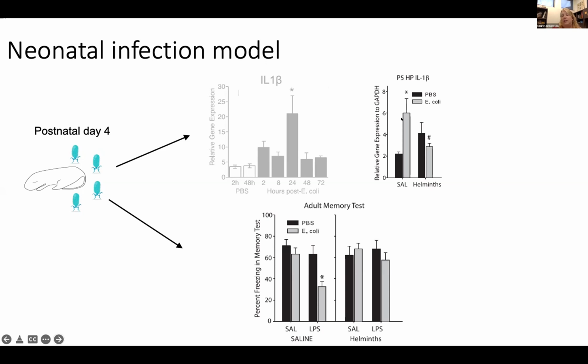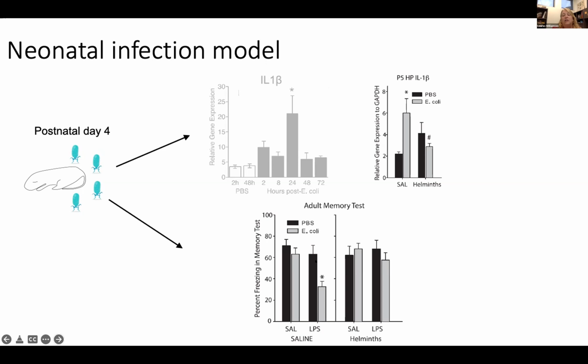In that way, we can see that 24 hours after E. coli in a control group, they have robust IL-1 beta expression that is attenuated in the pups born to moms who had helminths. So something about mom's helminth infection seems to be reducing this neuroinflammation.